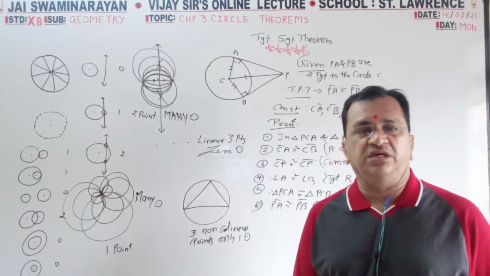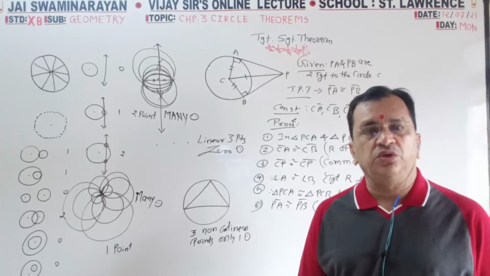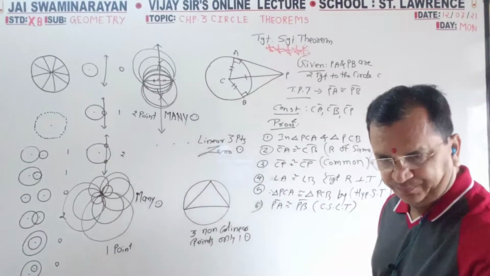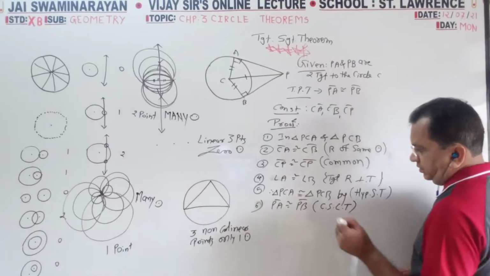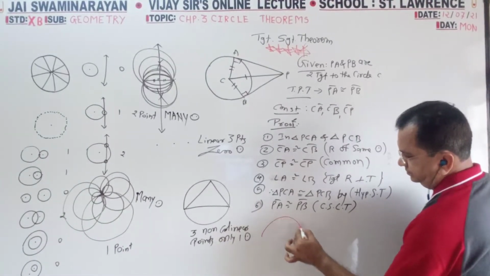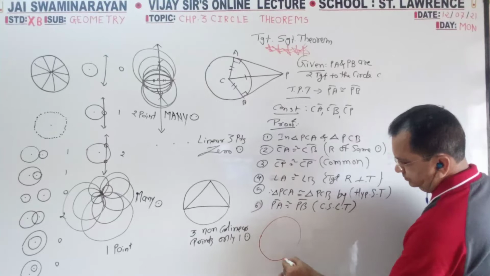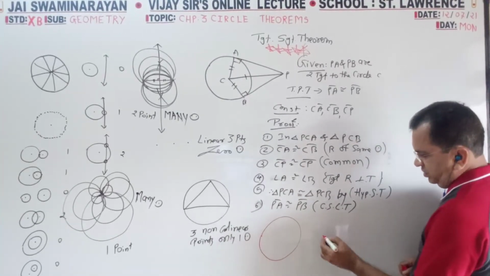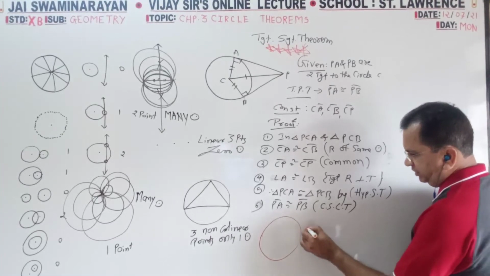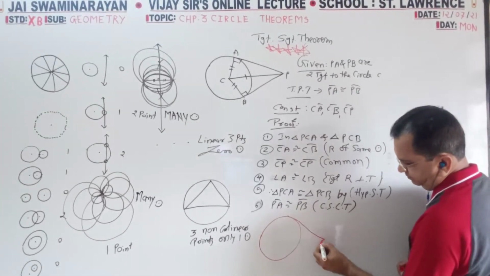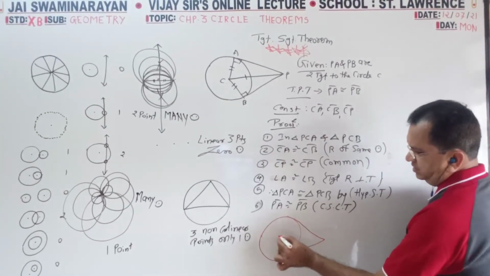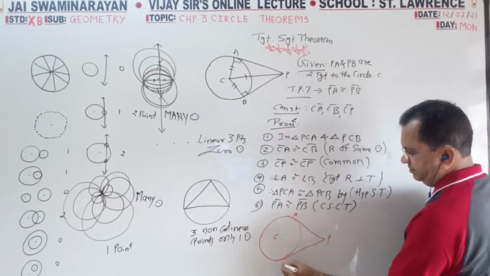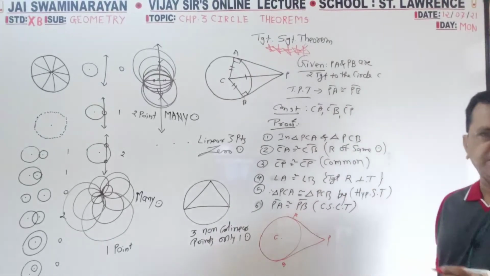From that point, draw two tangent segments to the circle. This is the center, this is P, the touching points are A and B. That is given.